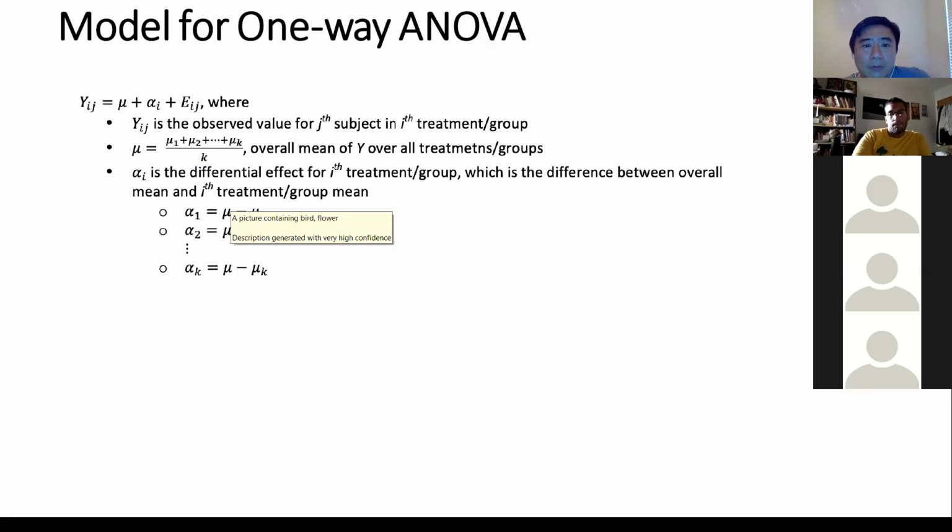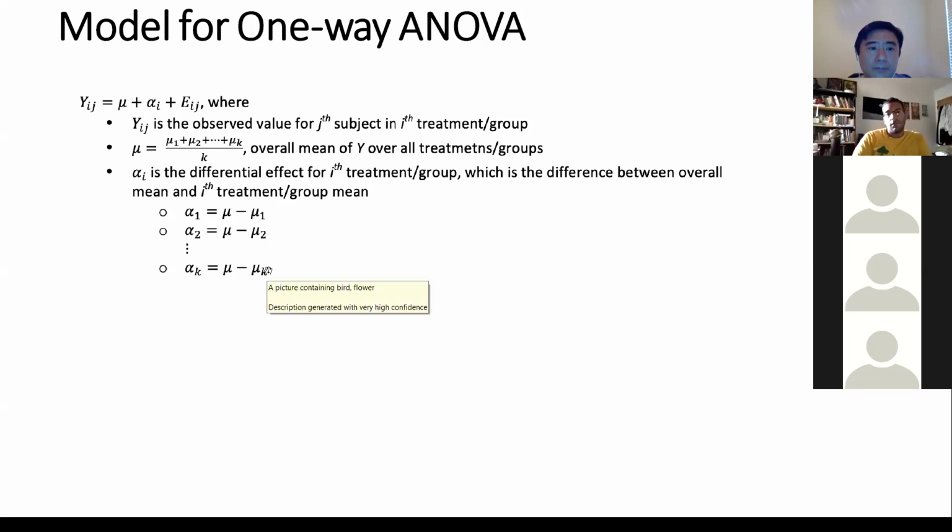Like, if you have a better treatment, you may have a better value, and therefore you can see this group effect or treatment effect. Alpha is equal to the group mean minus mu, and mu1, mu2 to mu k are the means in group 1, group 2, all the way to group k.